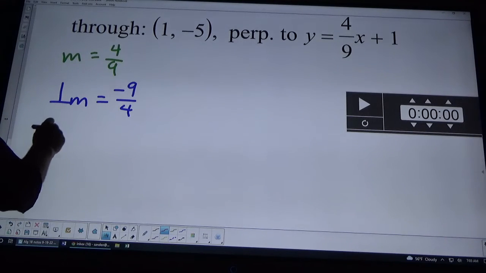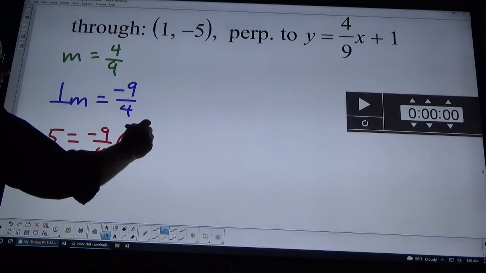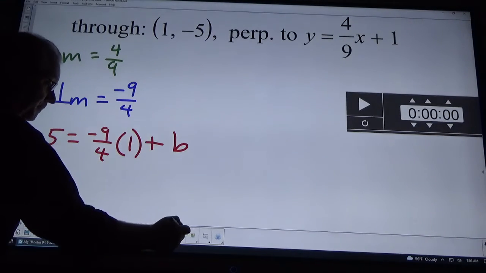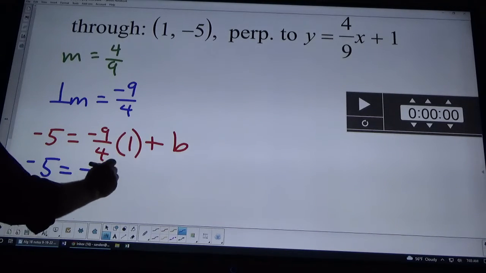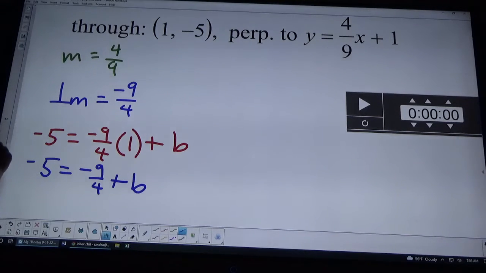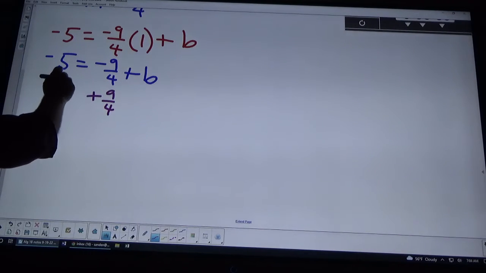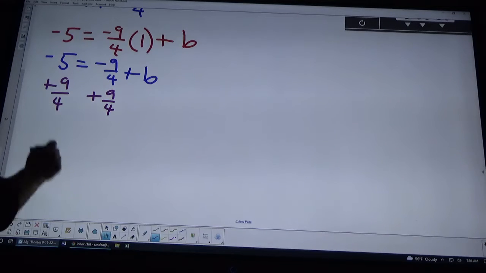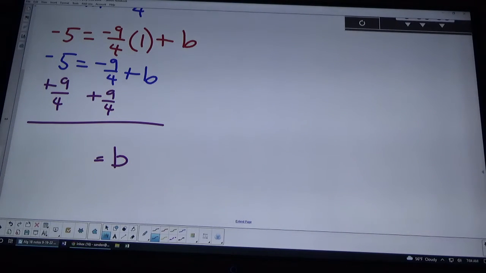Let's see, negative 5 equals negative 9 over 4 times 1 plus b. I'm going to have to add 9 over 4 to both sides. Now, to do this, I really need negative 5 to be over 4.